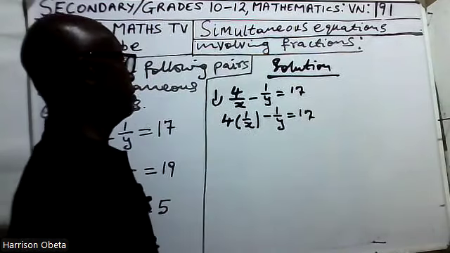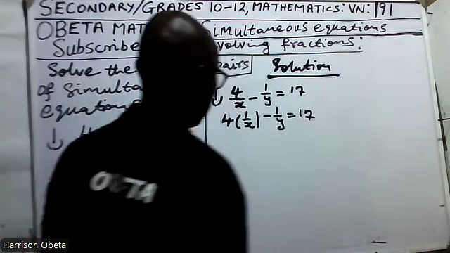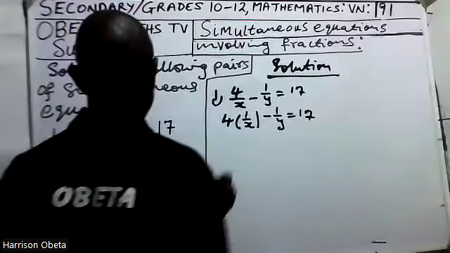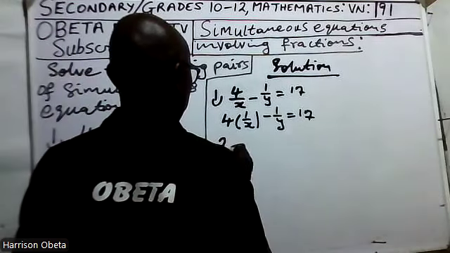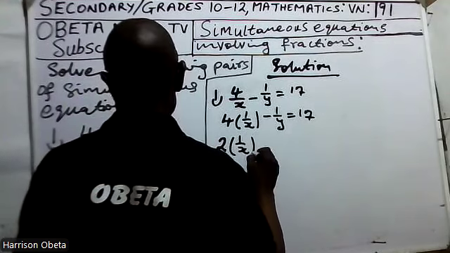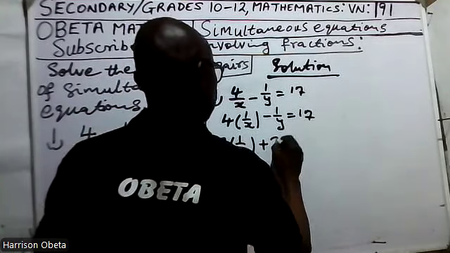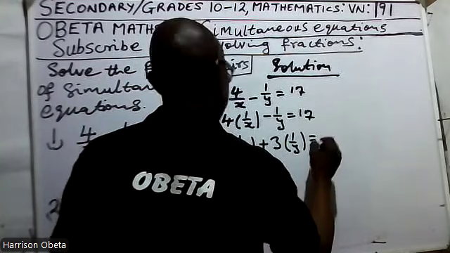It's still the same thing. And then for the second one, I can rewrite it to be 2 brackets 1 over x plus 3 brackets 1 over y equal to 19.